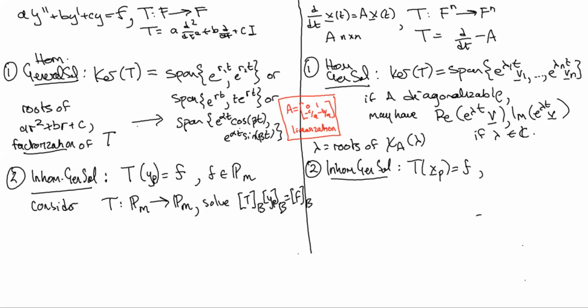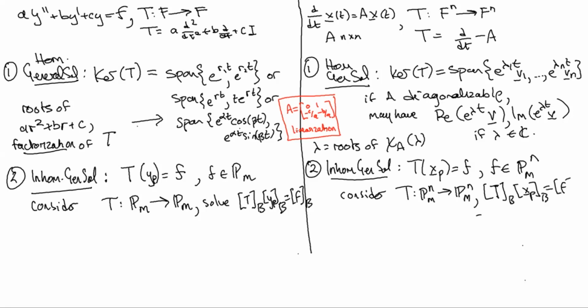And again, if each entry is a polynomial, then consider P going from P_mn to P_mn and solve. The difference is this is a second order ODE with constant coefficients.